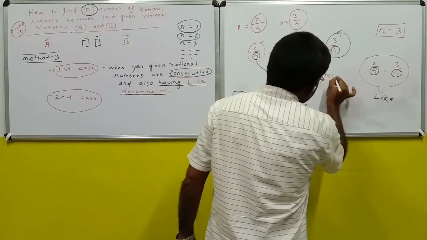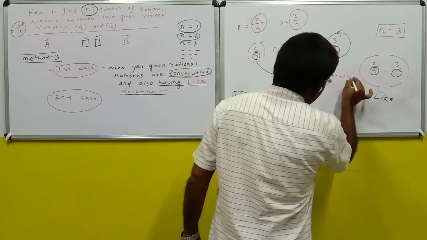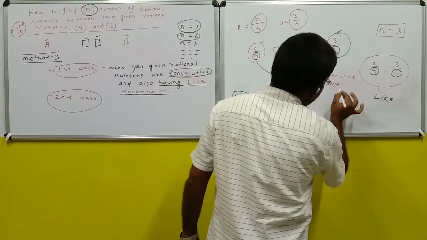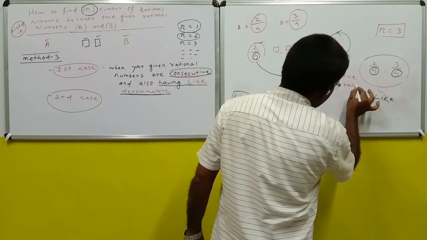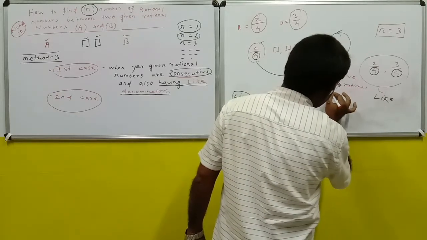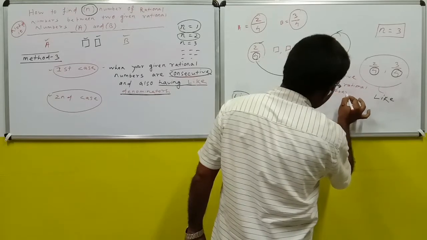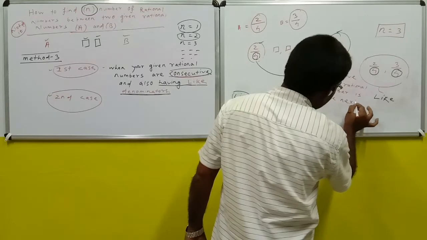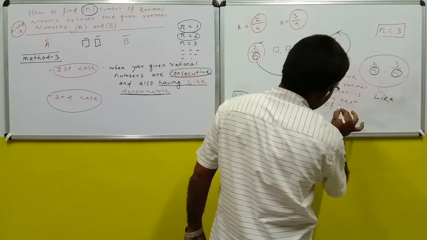So consecutive means one rational number is the next of the other rational number.